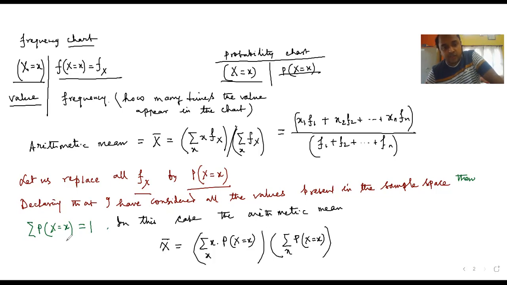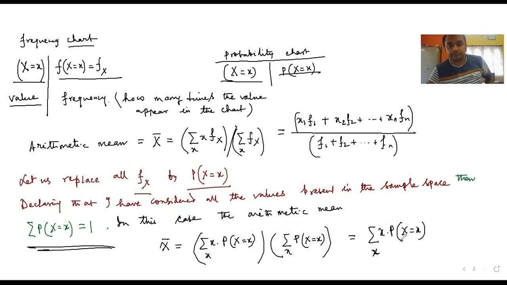But since the chart is complete, this probability is 1, and therefore this is equal to summation of x into probability of X equal to small x, which is nothing but the expectation of the random variable capital X. So when we calculate the expectation of the random variable, we are actually calculating the arithmetic mean of the function. Expectation is nothing but the mean of the function which you are calculating.